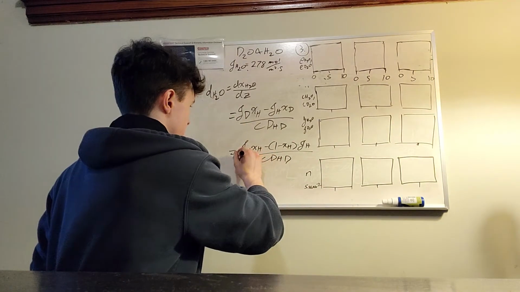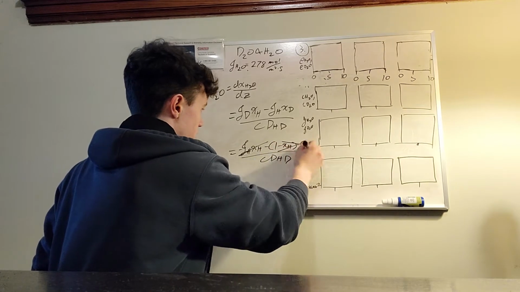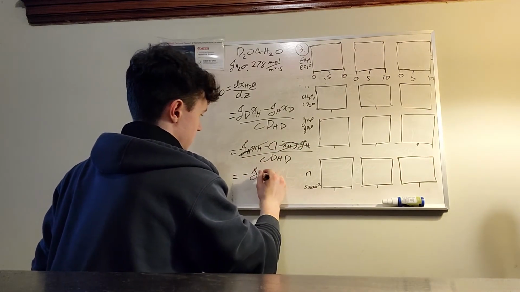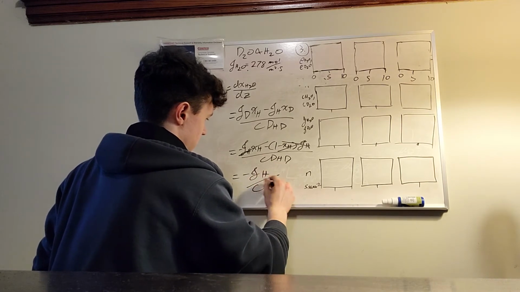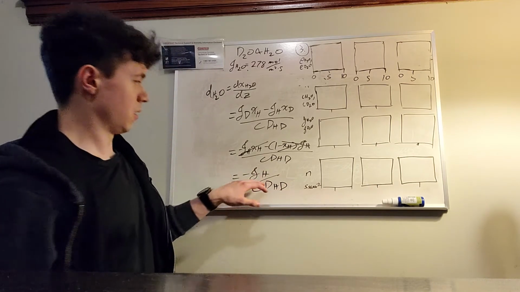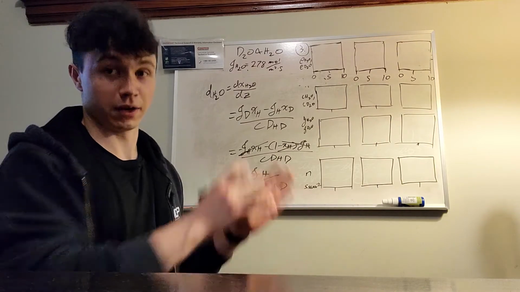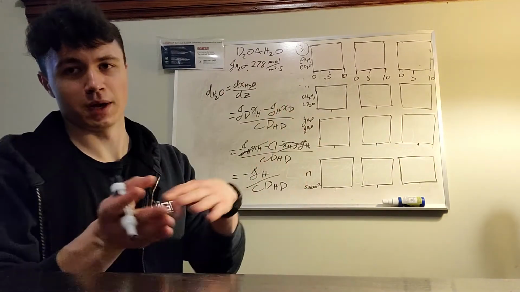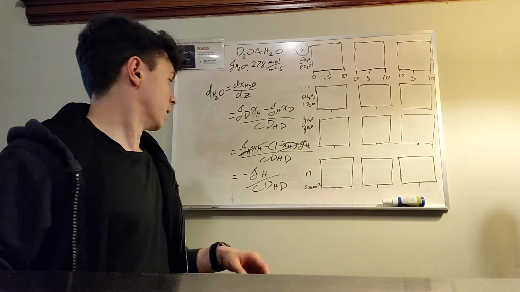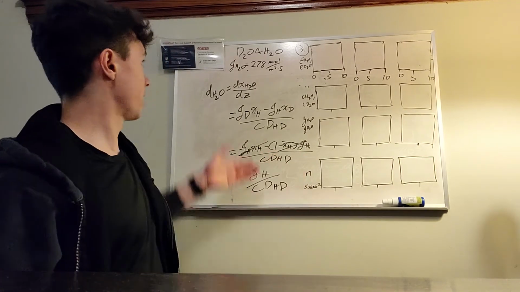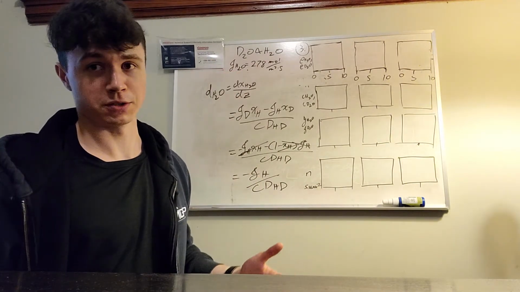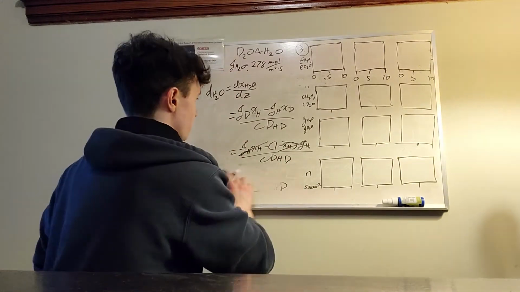These will cancel out, and we effectively get the negative molar diffusion flux of water over the total molar concentration multiplied by the diffusivity. Okay, so we already have the molar diffusion flux of water. Now we have to figure out the total molar concentration, which shouldn't be too hard.